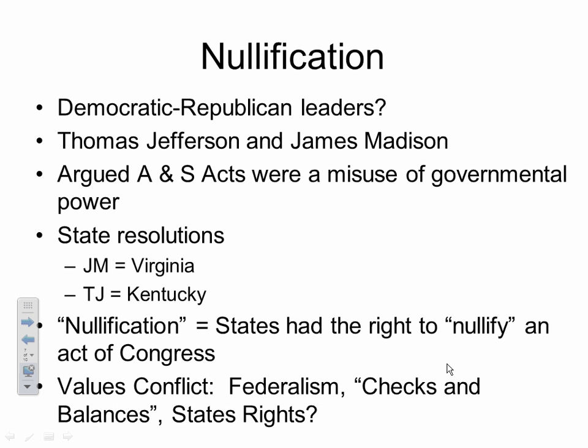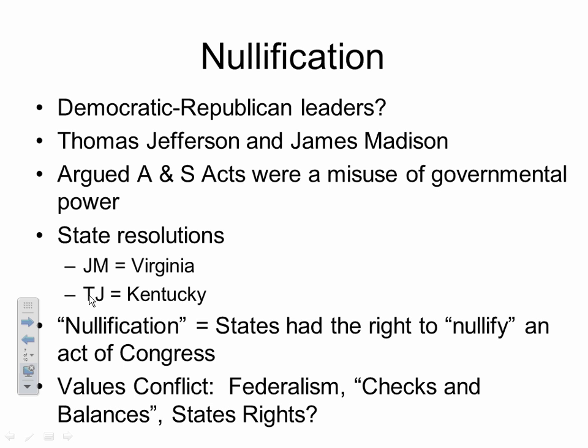This created a movement of Democratic Republican politicians and states who had a dominant number of Democratic Republican support to propose this idea of nullification. So Thomas Jefferson and James Madison kind of lead the charge. You can see here JM is James Madison, so he's going to be representing his home state of Virginia.